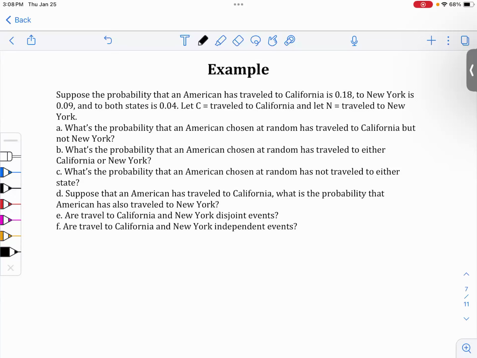And then a bunch more questions. So first things first, identify information. Probability of C. Probability of N. And probability of C and N.